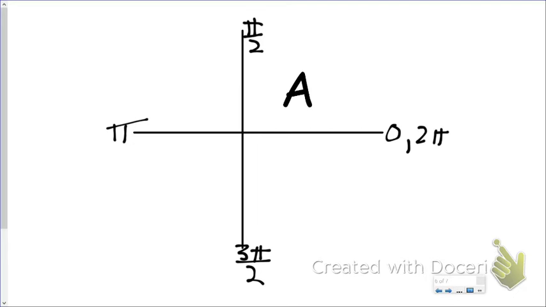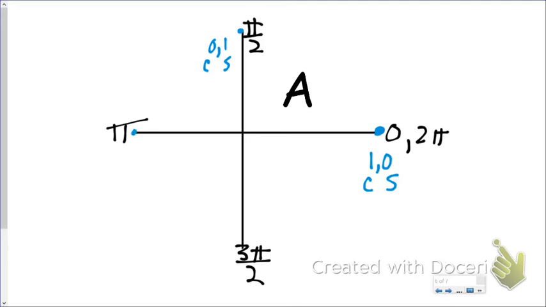So for example, at 0 and 2 pi, if I were to plot a point here, the coordinates of that point on the unit circle would be (1, 0). Since we know that cosine corresponds to the x-coordinate, my cosine is 1, and the sine value is 0. Over at pi over 2, the coordinates of that point would be (0, 1), the cosine is 0, the sine is 1.